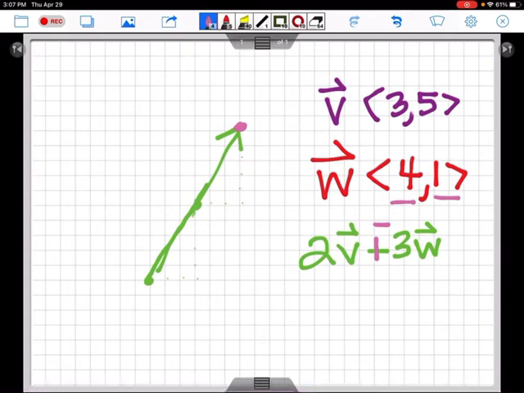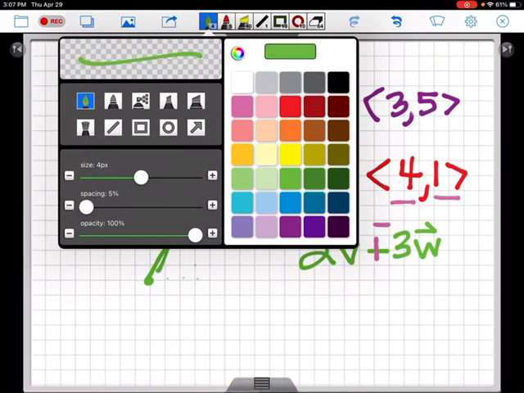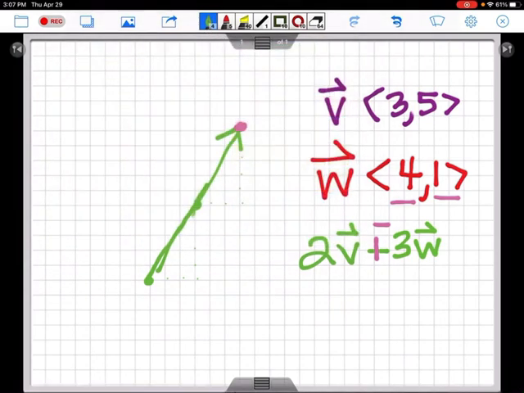So we're going to go -4, -1. So if I grab my green here again, I'm going to go from the end of this and go -4, -1. There's 1 w, negative w. And 1, 2, 3, 4, and down 1. That's 2 of those. And then 1, 2, 3, 4, and down 1. Now I've got, so this is -3w, and this is 2v.